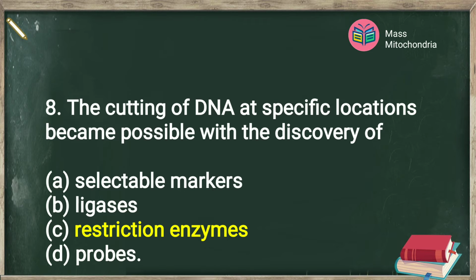Once it recognizes the specific sequence, it binds with the DNA and cuts the two strands of the double helix at the sugar phosphate backbone. The special sequence in the DNA recognized by restriction endonuclease is called a palindromic nucleotide sequence. So the right answer is restriction enzymes.